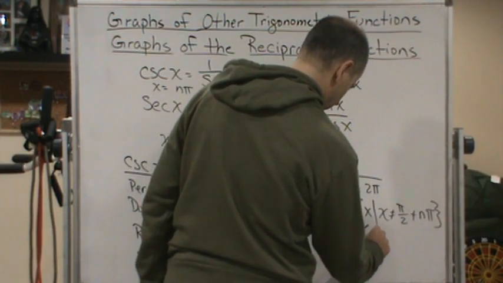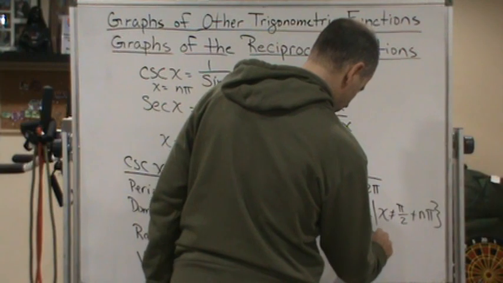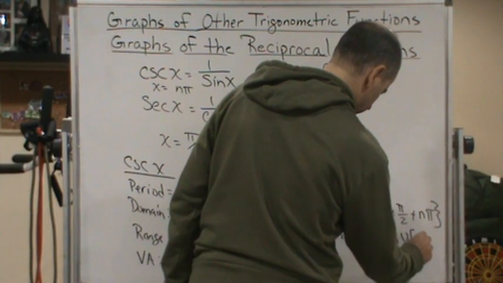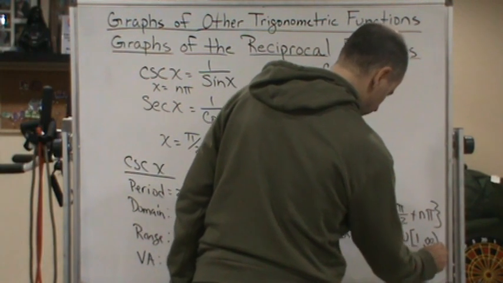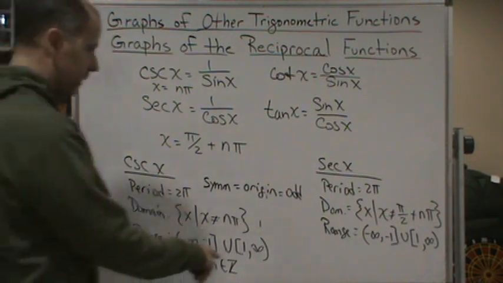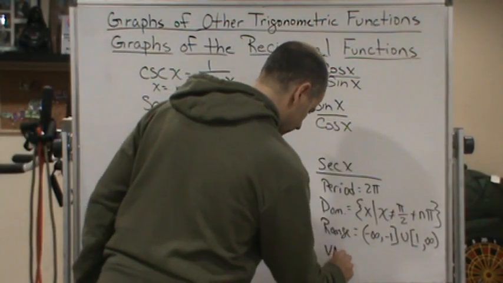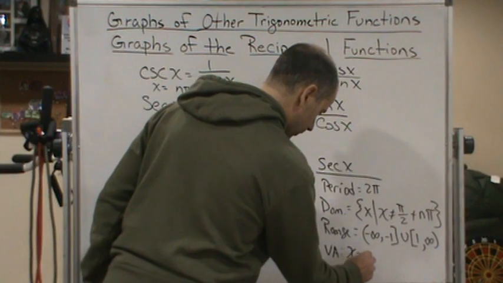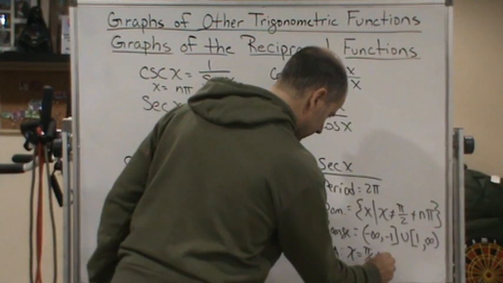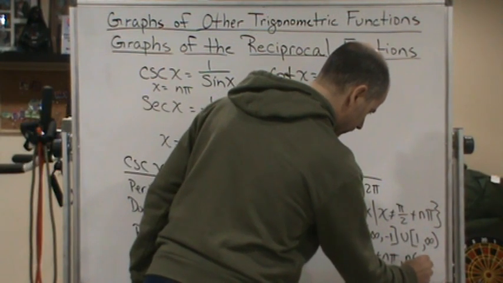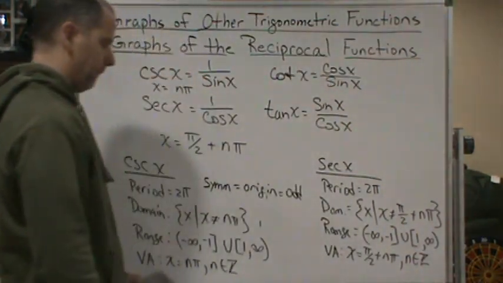So that's going to go from negative infinity to negative 1 inclusive, union positive 1 to positive infinity. That's the range. The vertical asymptotes are x equals pi over 2 plus n times pi, where n is an integer.